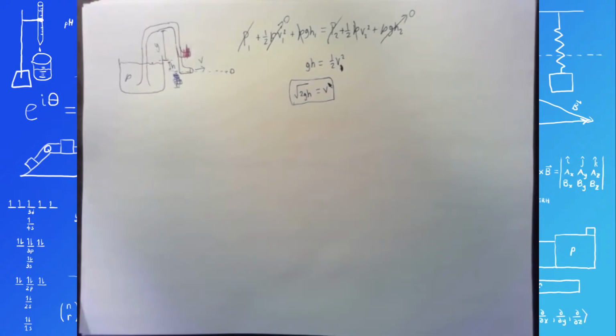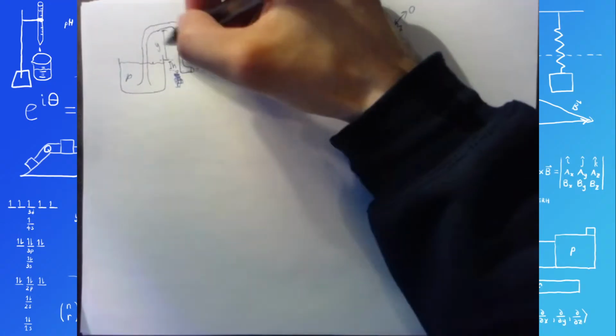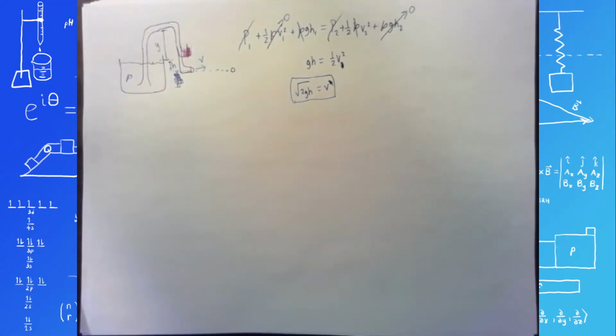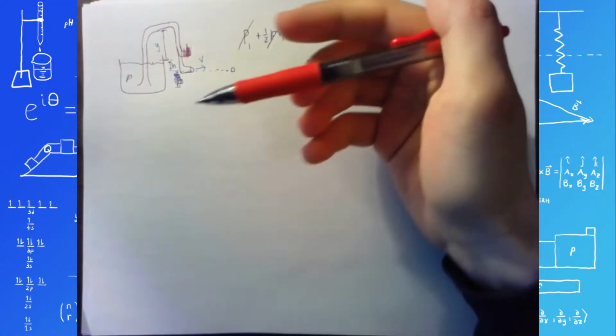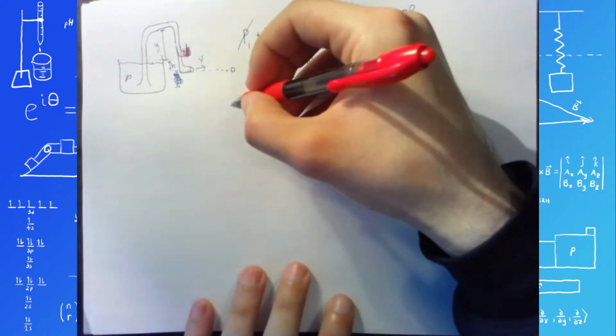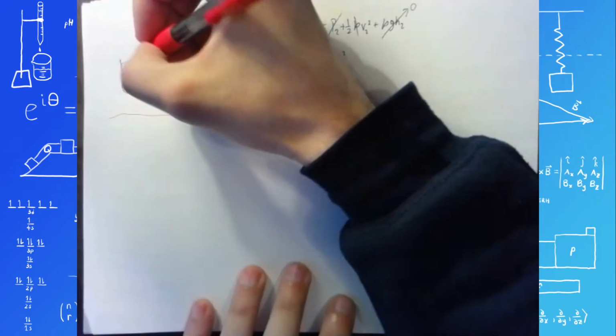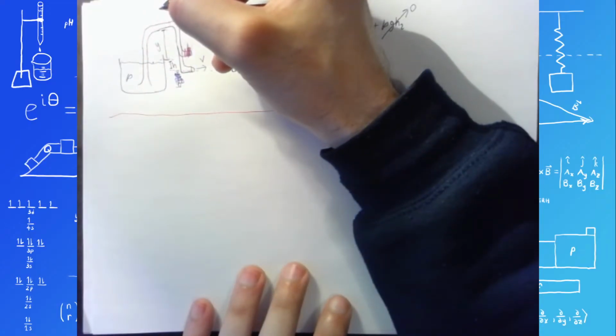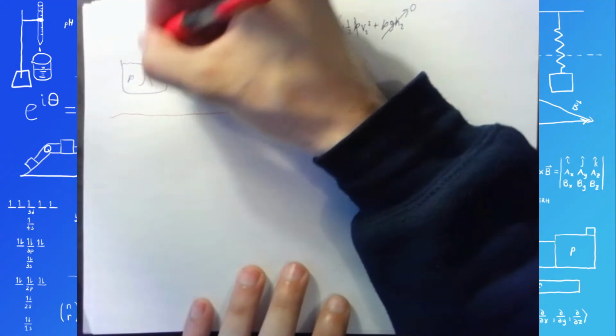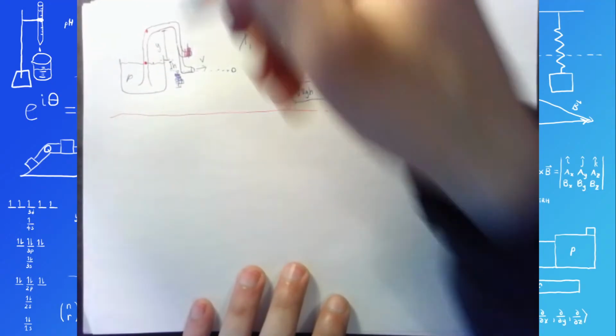And then the second question is the more important one, which is for what values of y will the siphon work? This y over here. Okay, so new Bernoulli equation. This time I'm going to do it between this point and this point.